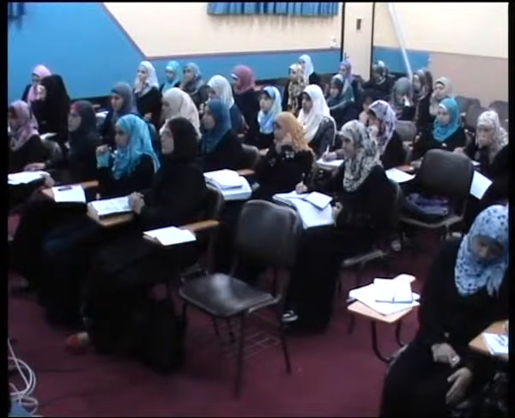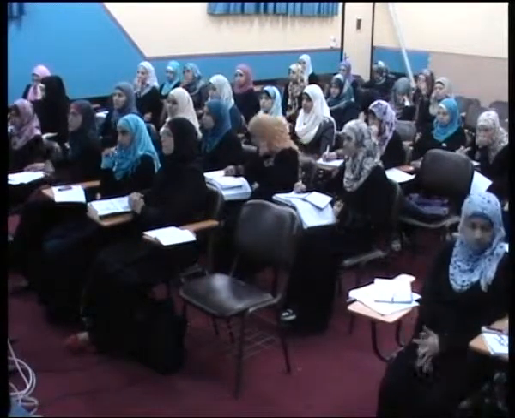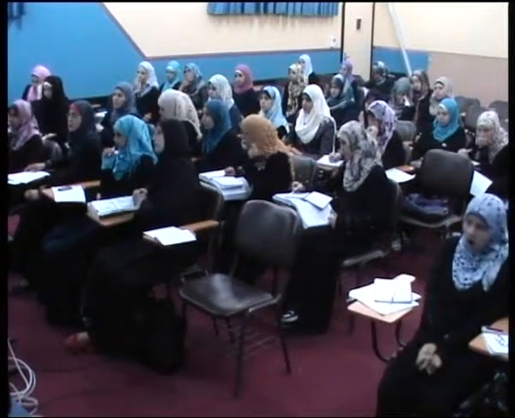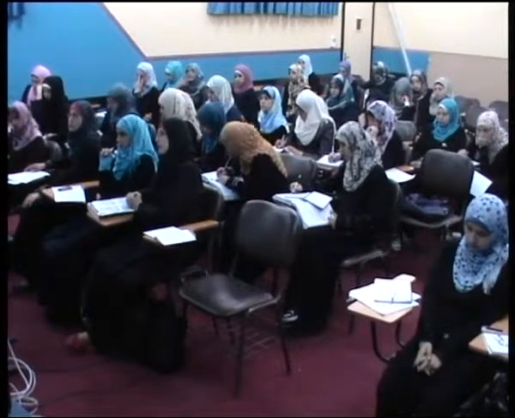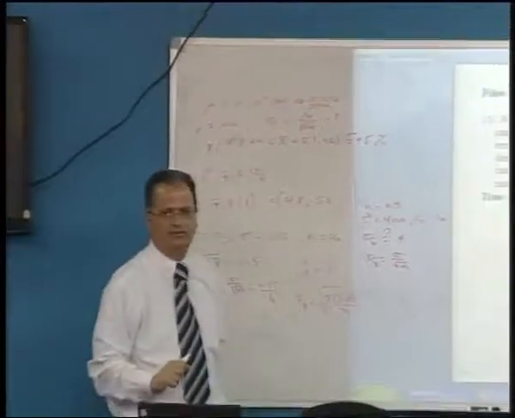He asked about sigma of x bar. We know that sigma of x bar equals sigma over root n, but sigma is not given. S squared is 400, so S is 20. But what's sigma? Sigma is not given.